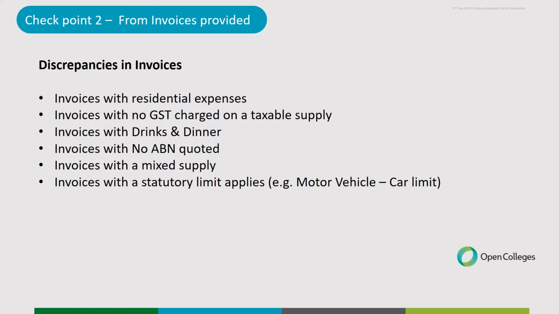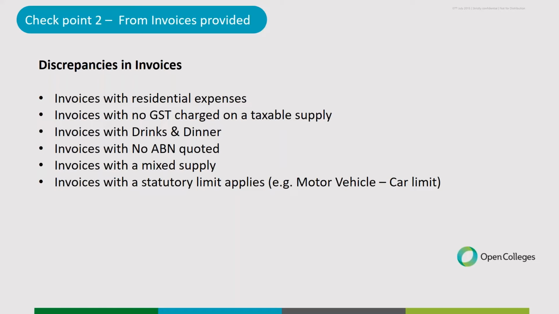The GST is supposed to be 10% on the invoice expense, but less than 10% has been charged. So we call it mixed supplies. Usually you can find this in insurance invoices, because insurance invoices will include stamp duty, which is not subject to GST. So for the total amount, the GST will not be 10% of the total amount.